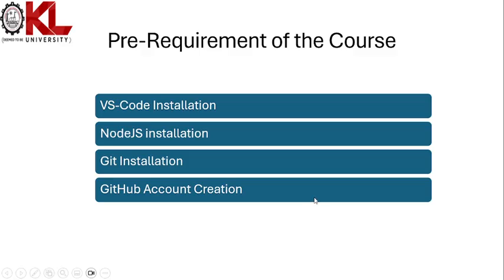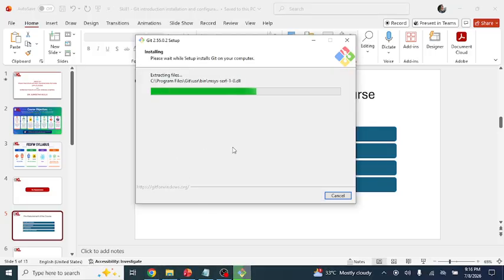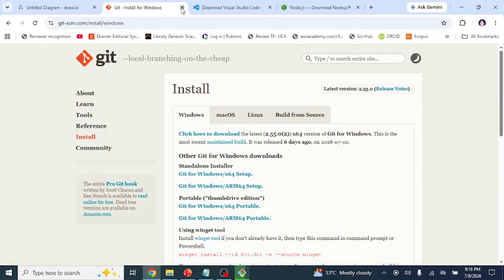Now, first we installed the VS Code. Second, we installed the Node.js. Third, we installed Git. So Git installation is going on. Next, we have to create a GitHub account. Now go to the website. While it is installing, meanwhile just go to the GitHub website.